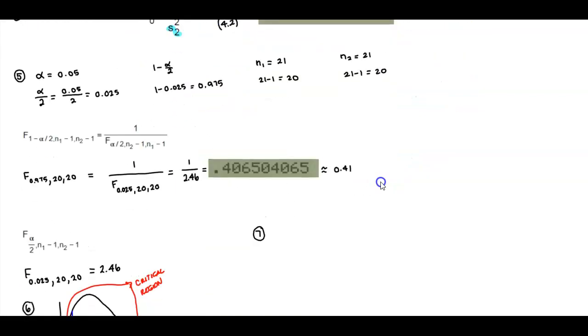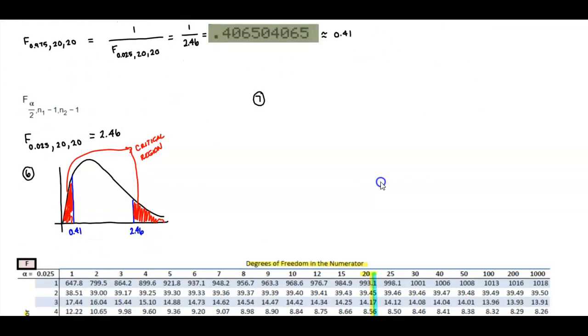Where does 0.95 fall on our graph? Well, 0.95 is in the middle. Here is where the test statistic is, and that test statistic is F subscript 0, which is equal to 0.95. So we can see here that it does not fall within the critical region.